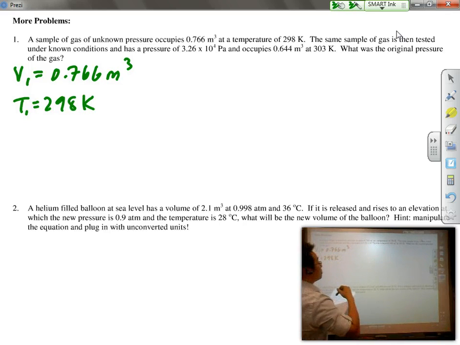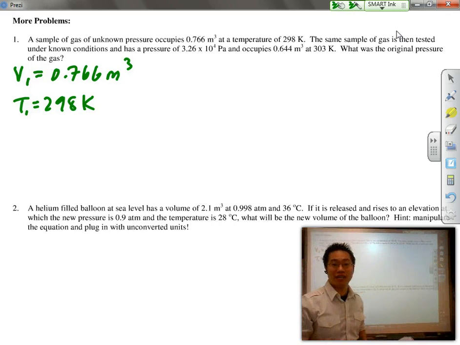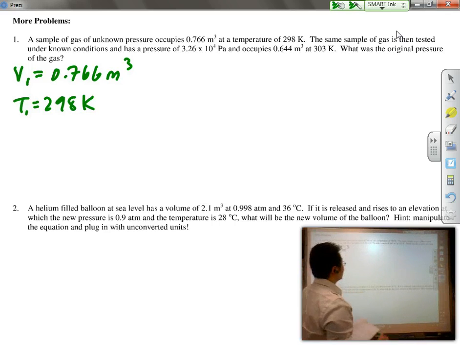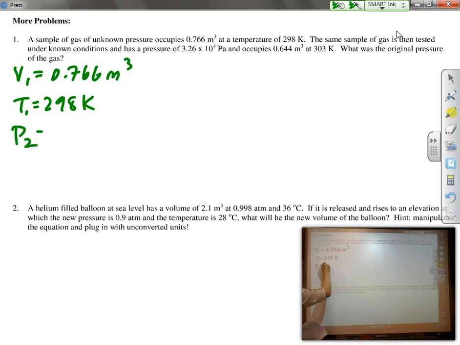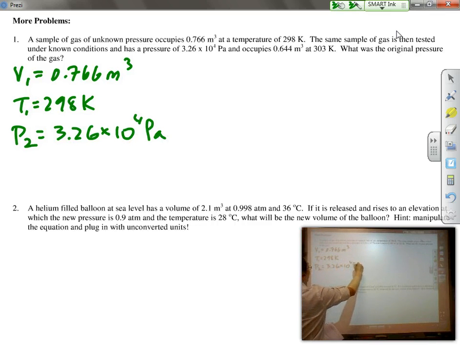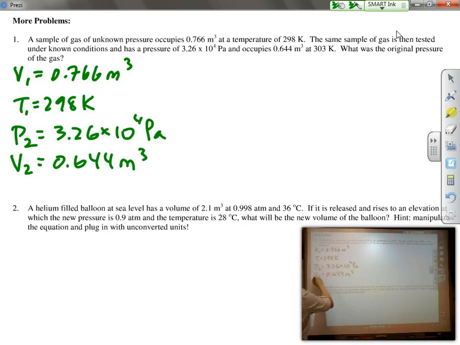That same sample of gas, meaning that the number of moles n stays the same, is then tested under known conditions and has a pressure. So this is the second pressure, P2, equal to 3.26 times 10 to the 4th pascals. The new volume is 0.644 meters cubed, and this is held at a new temperature of 303 Kelvin.